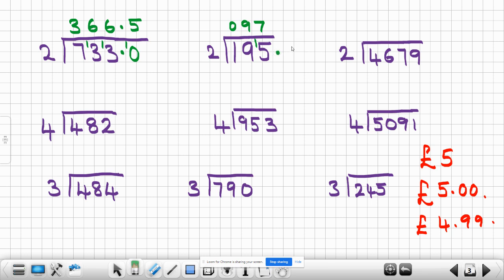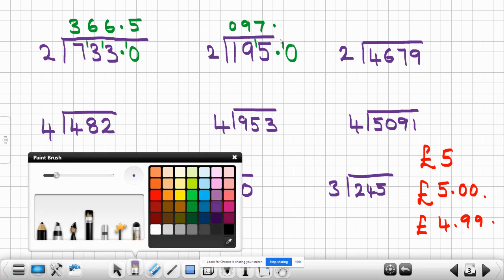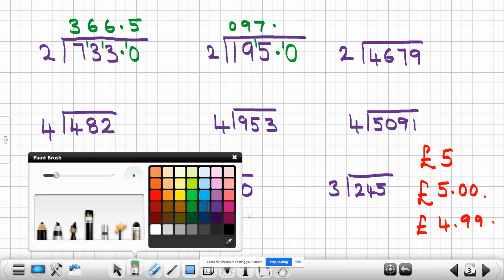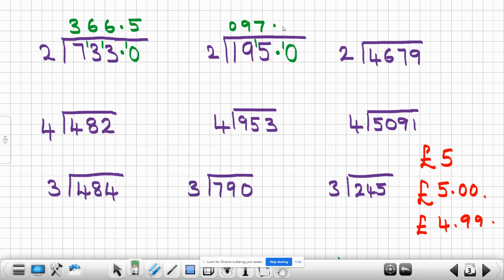We're going to put a decimal point and a 0 after it and put that 1 in front of it to make 10. We must also put a decimal point on top, and let's extend that line. So we say 2's into 10 goes 5 times. So the answer is 97.5.